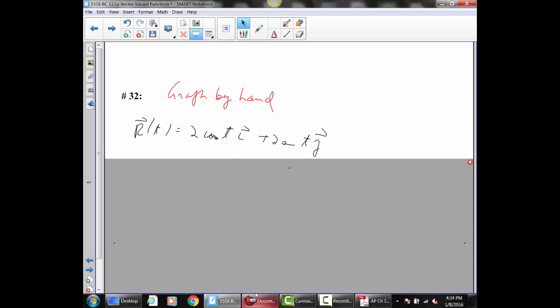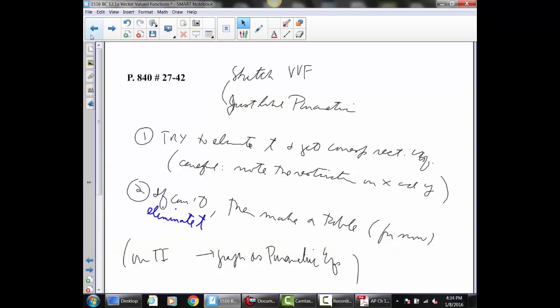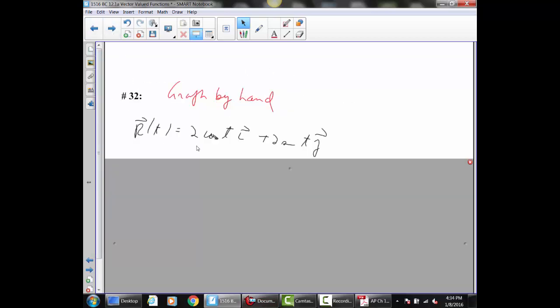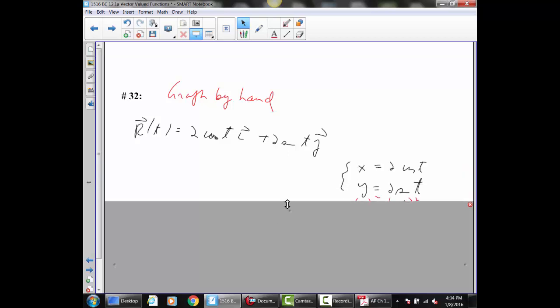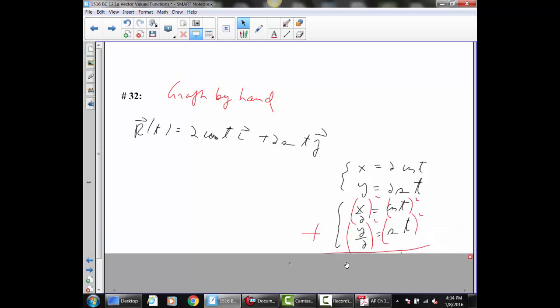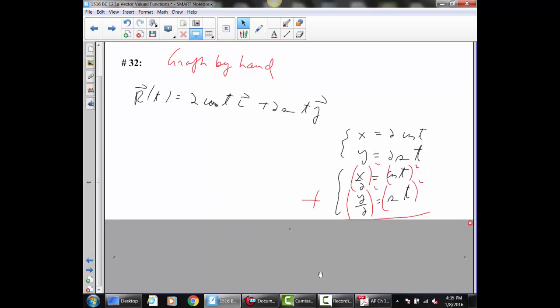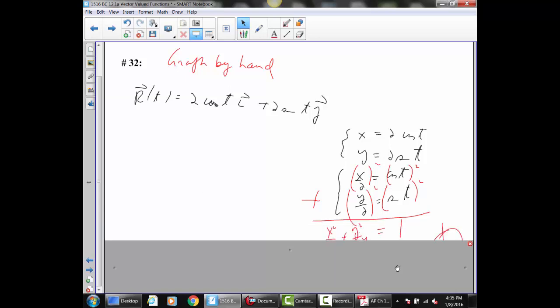Okay, number 32 is asking you to graph this function by hand. So basically that's the set of parametric equations, x equals 2 cos t, y equals 2 sine t. As you remember, we'll divide both sides by 2 and purposely square both sides. Square both sides and add them.